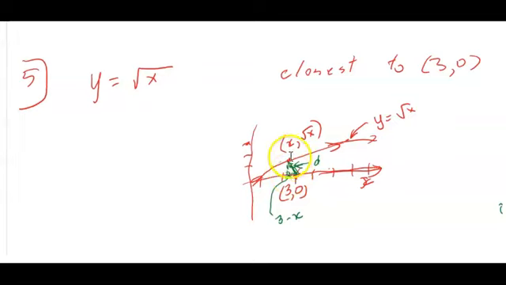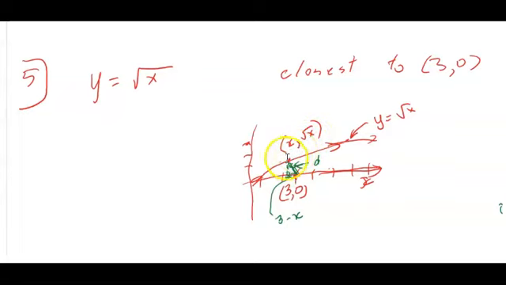We want to find the point that is closest to (3, 0), but on the graph of y is equal to radical x. We can identify an unknown point on the graph; that point will be (x, radical x) for the x and y values. These are numerical values which we later want to find.